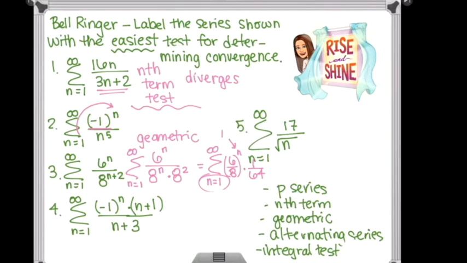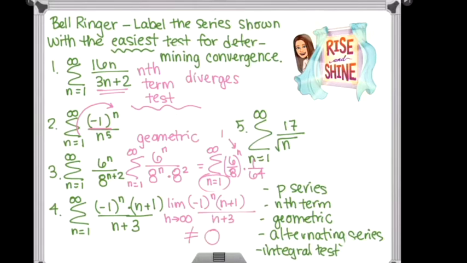Number 4 is an alternating series, but the alternating series test only works for a converging series. It's only a test for convergence. If we were to find the limit as n approaches infinity of this expression, it would not equal 0.